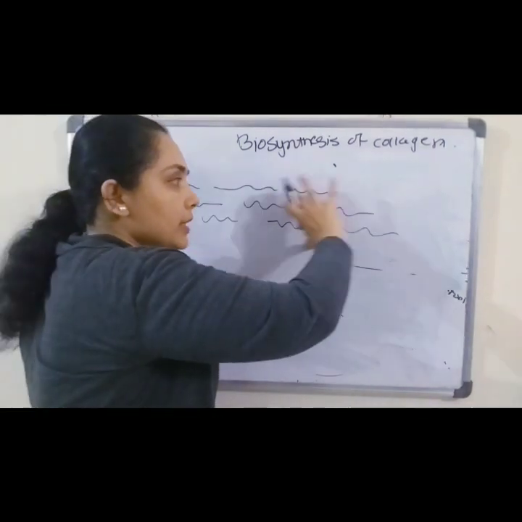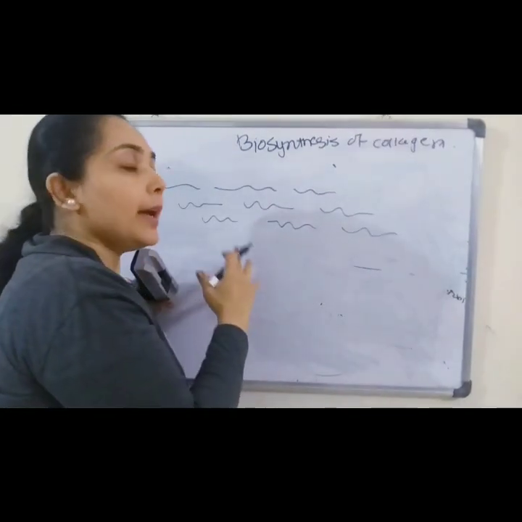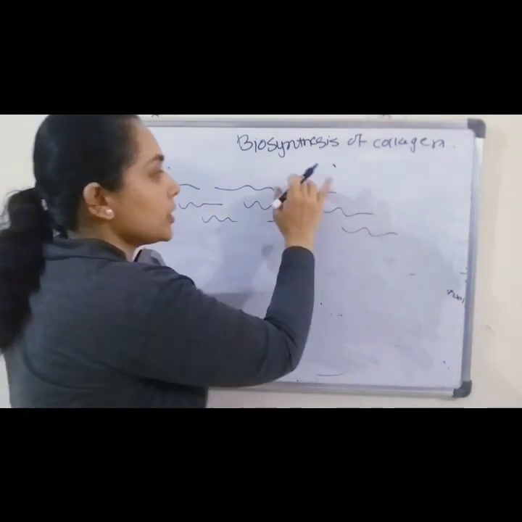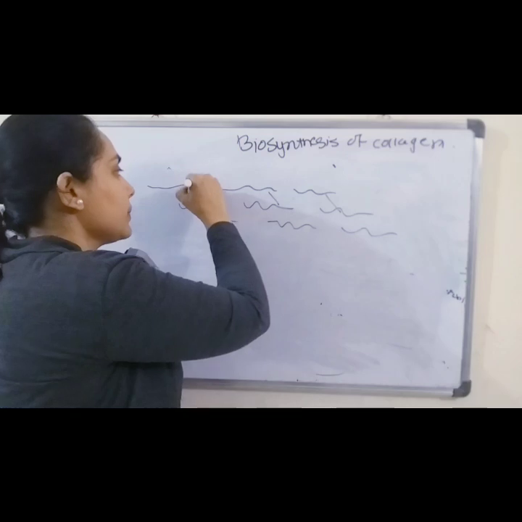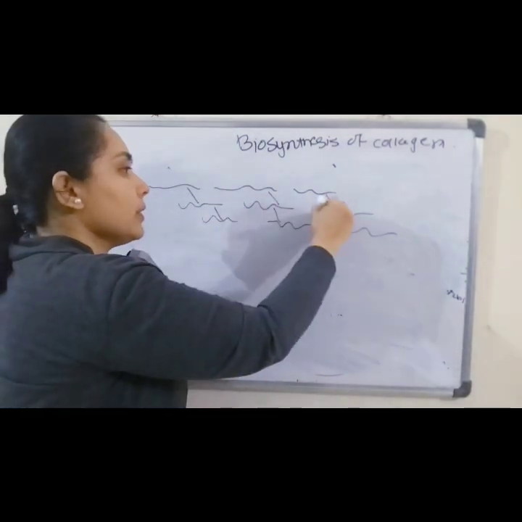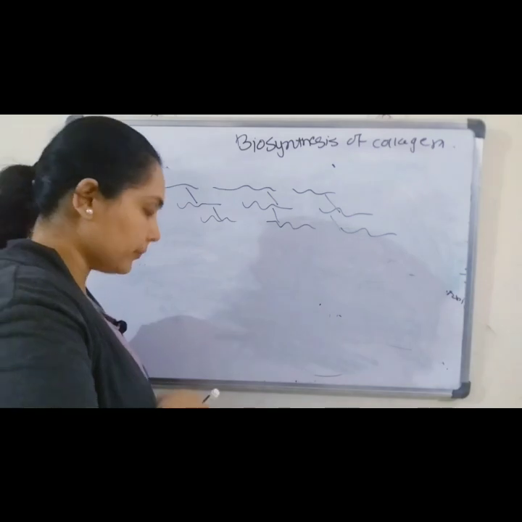It will arrange spontaneously in a staggered way, and bond formation will take place between the tropocollagen molecules. Linkage will take place here, and we will get the collagen fibril.